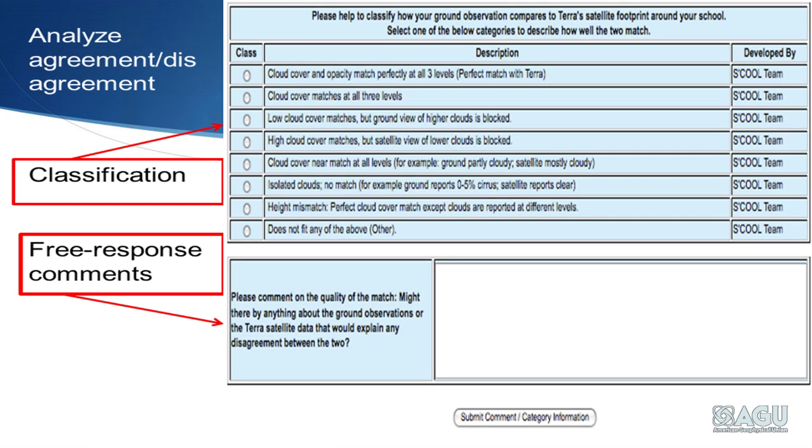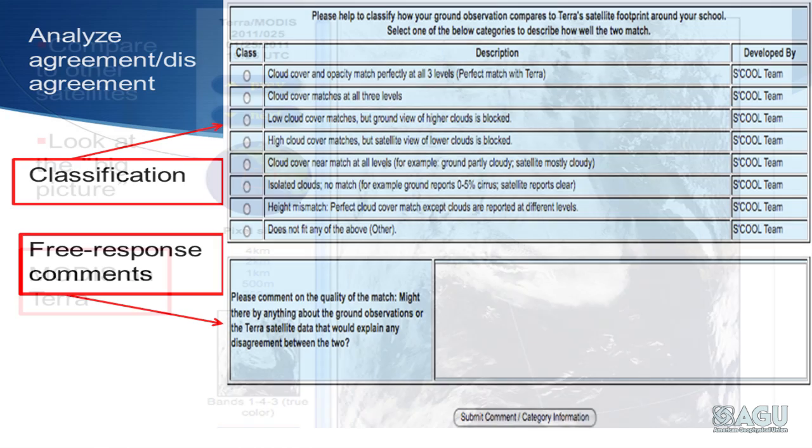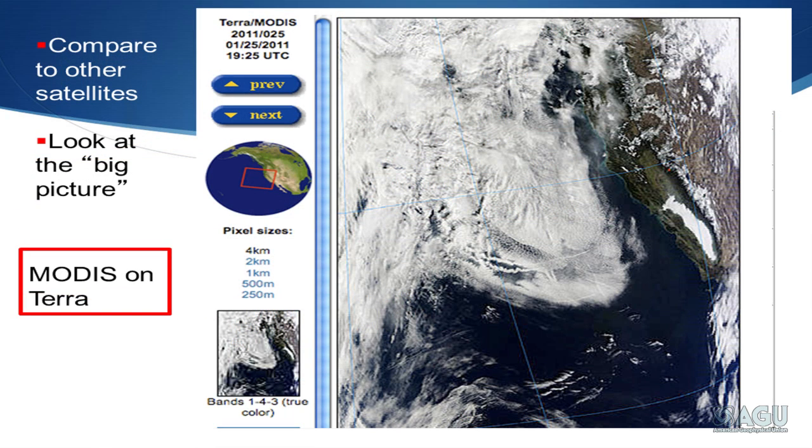You can also look at the satellite image, the bigger picture. So if the students wanted to see where they are in the big picture of a weather pattern, they can do that. The MODIS image is over the same general area over which their school would be located.